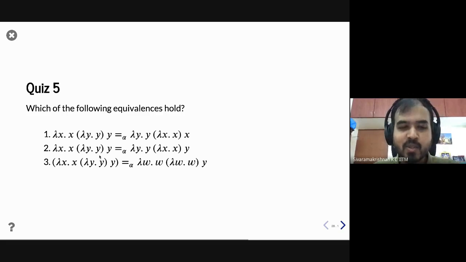So let's look at this. We have a lambda x, and we have a lambda y and then y. So we replace this x with y. This x is bound here, so we replace that with y. And what happens to this y?